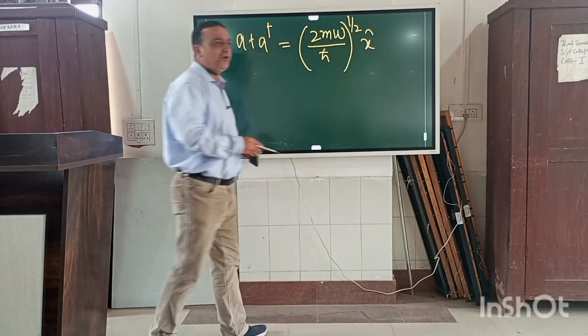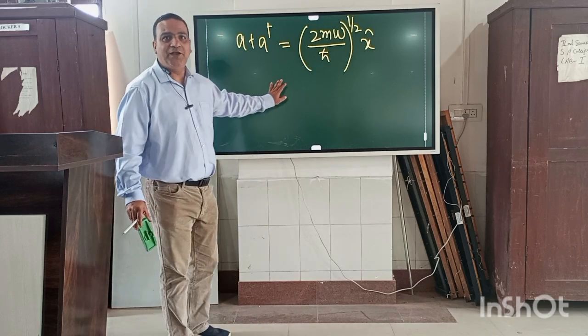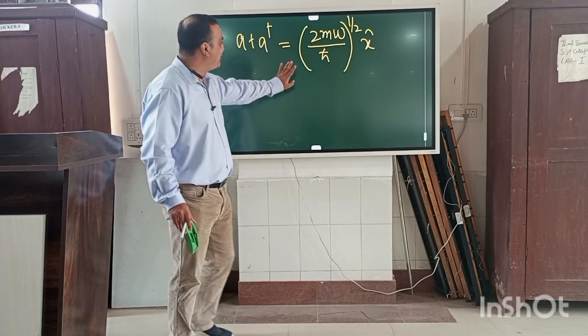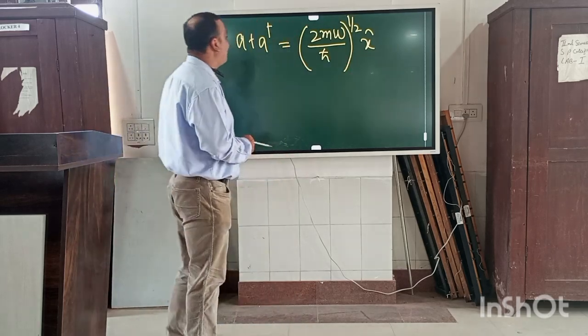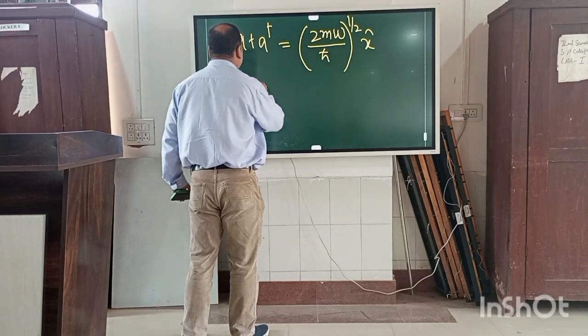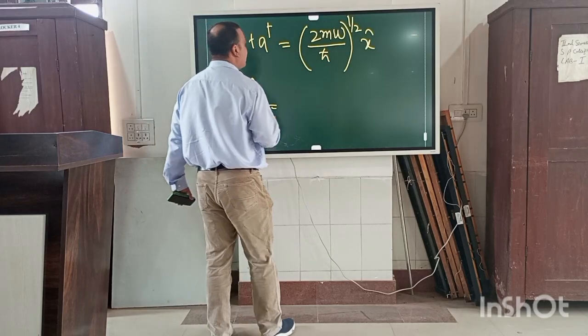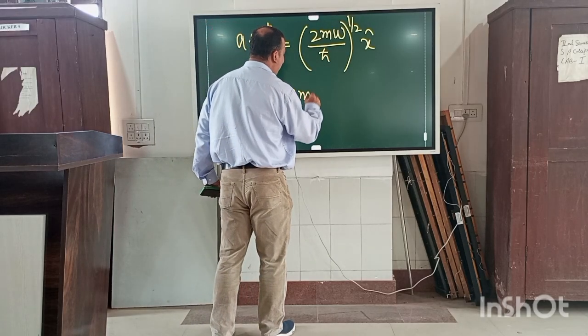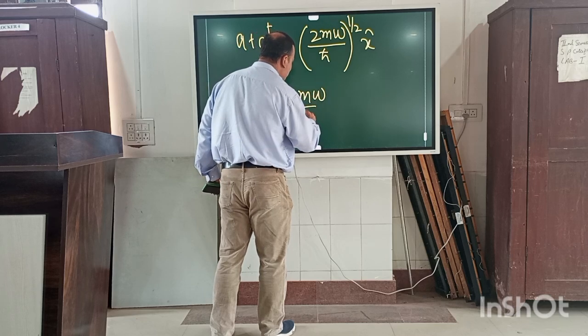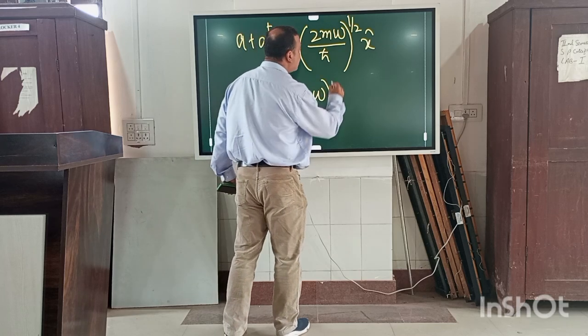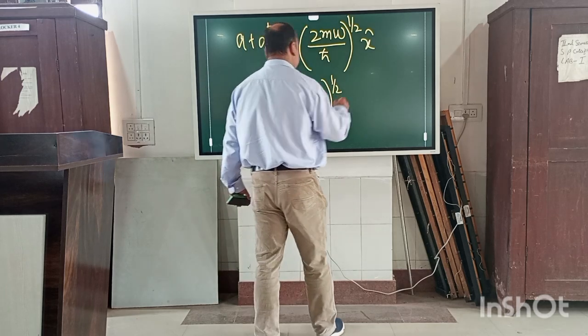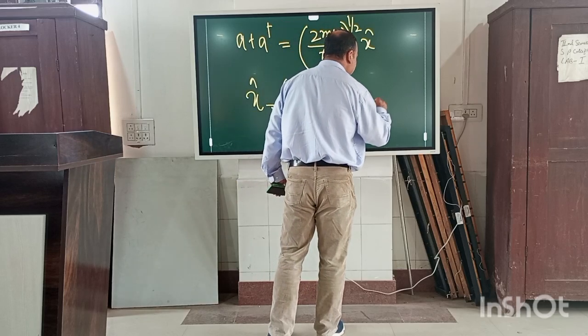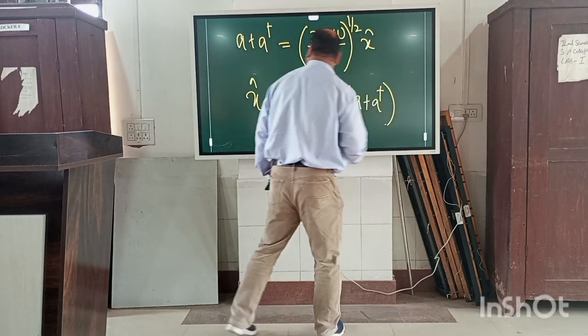And from this equation we can calculate the position operator. So x cap will be (h bar by 2 m omega) whole raised power 1 by 2 times (a plus a dagger).